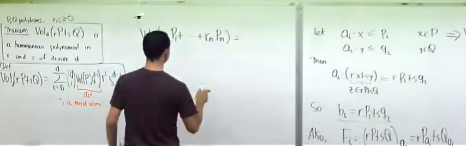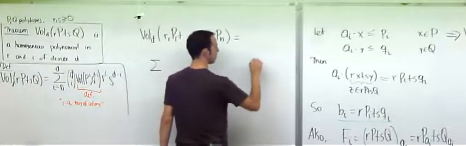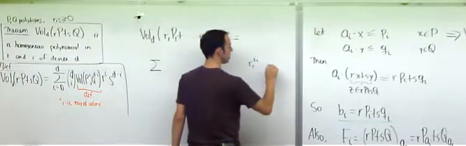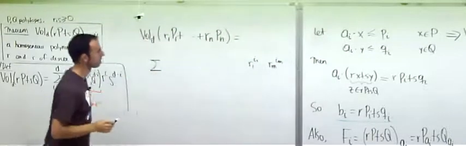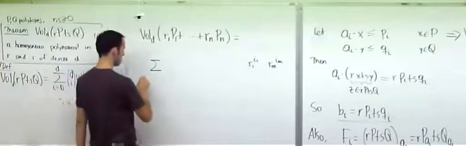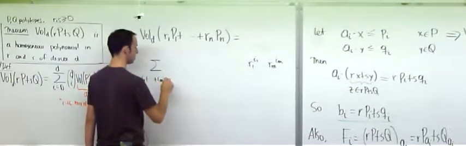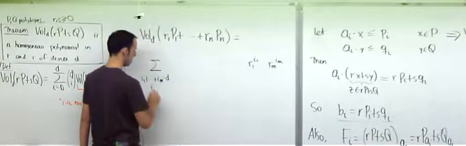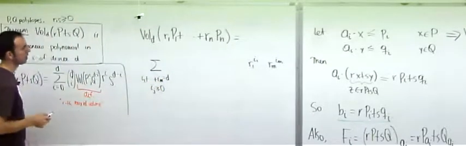Now the monomials that you're going to get look like R1 to the i1 up to Rn to the in, where these exponents need to add up to d and need to be greater than or equal to 0. Okay?